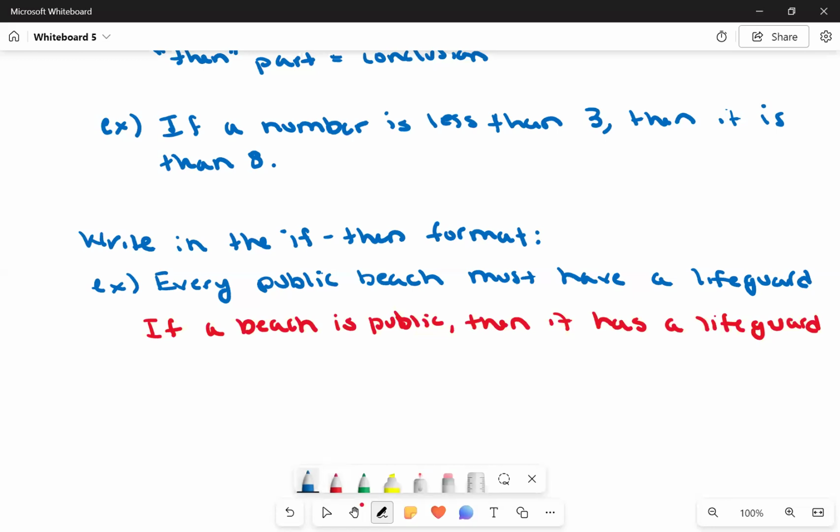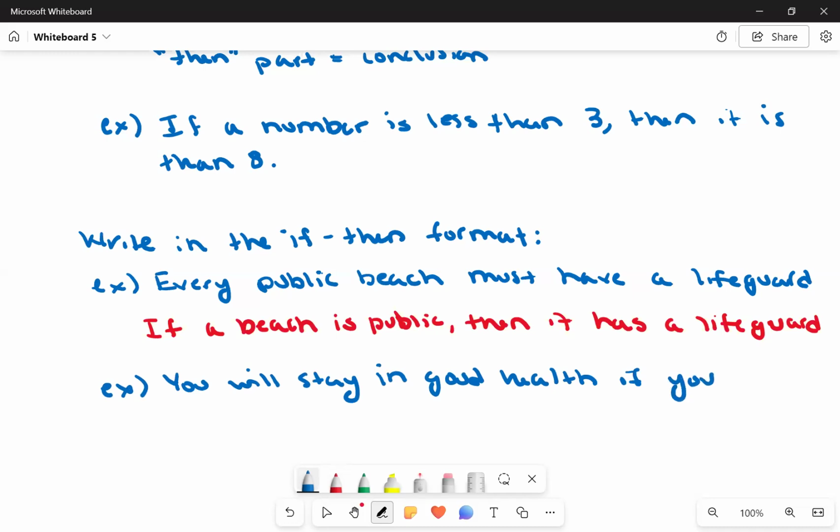All right, let's try another one. Let's say you will stay in good health if you exercise every day.